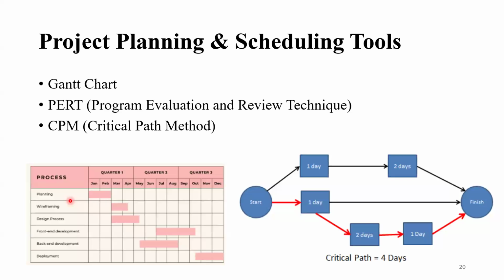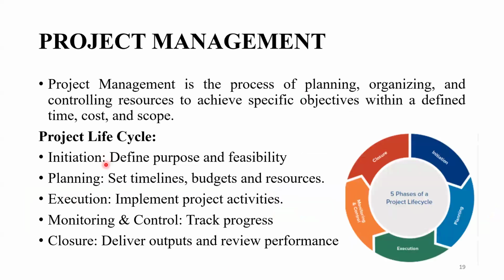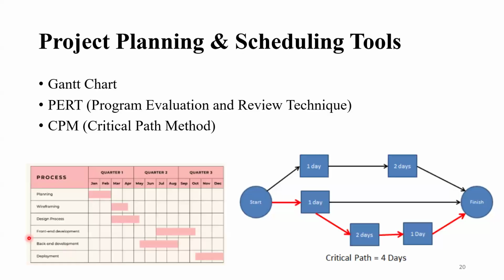As we have seen in the initiation, planning, execution, monitoring and control, and closure stages, you can have this for planning, wireframing, and design processes. For planning, I'm going to work in January and February.